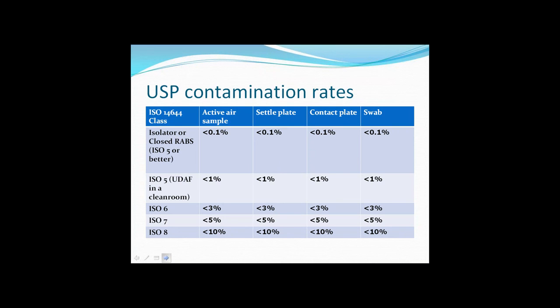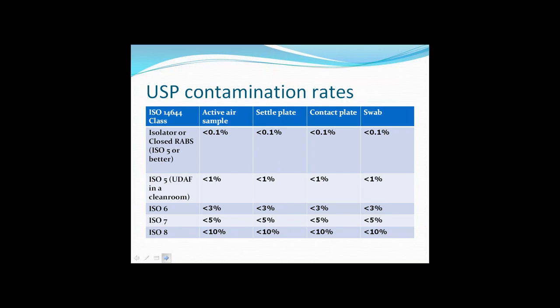And another question is, should the level of risk not relate to the product and be irrespective of the environment? Because there's a danger here of saying, well, if I'm filling product X in an isolator, I must be achieving less than 0.1%. However, if I move product X to another facility down the road and fill it under a UDF device in a conventional clean room, I'm allowed to have less than 1%.